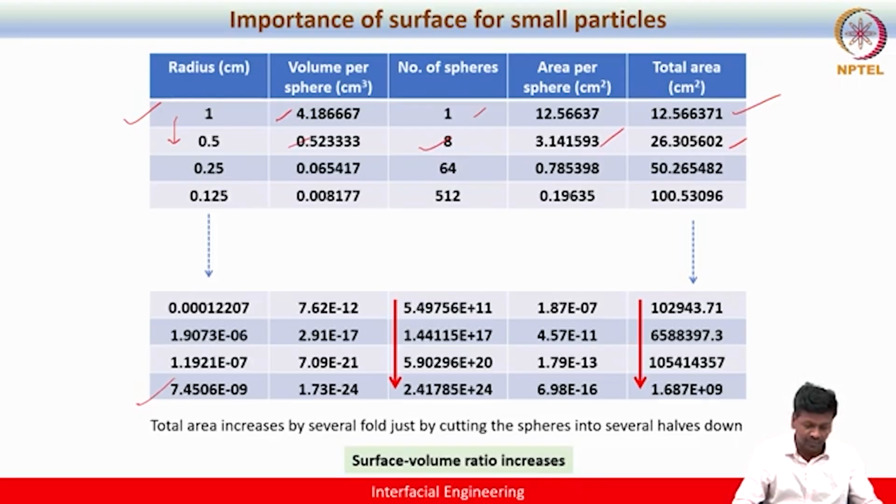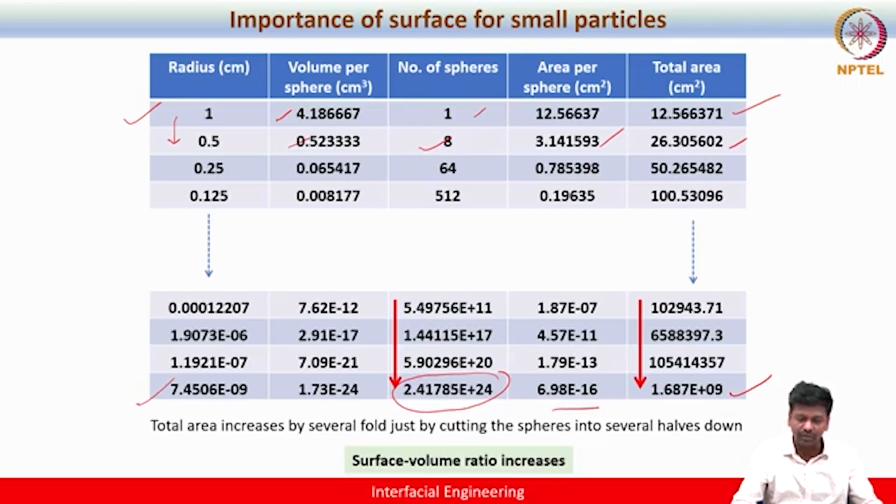So you can see that although the volume, which is nothing but the volume per sphere times the number of spheres, is the same in this case, because the number of spheres has gone up too high, and although the area per sphere is significantly smaller in this case, when we multiply these two, we get a surface area which is at least 9 orders higher than the original one, right?